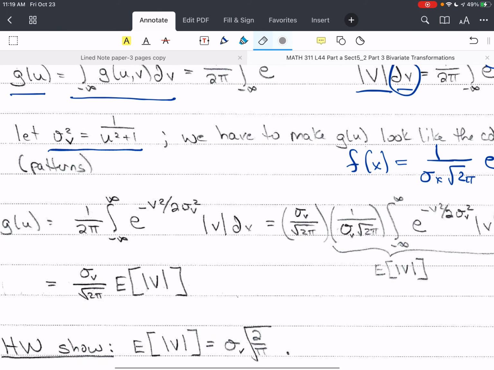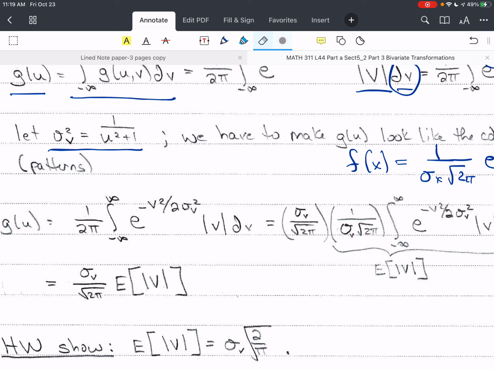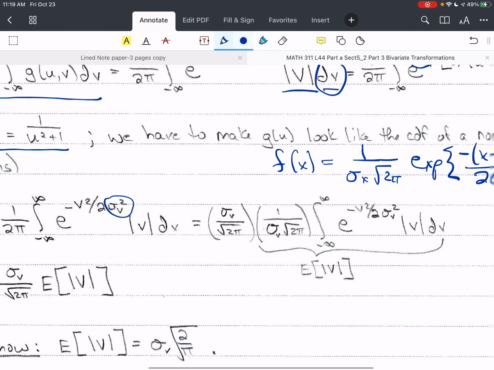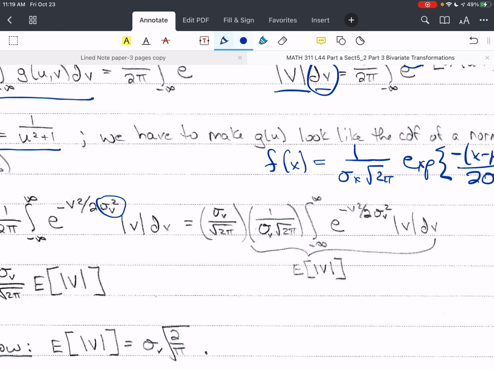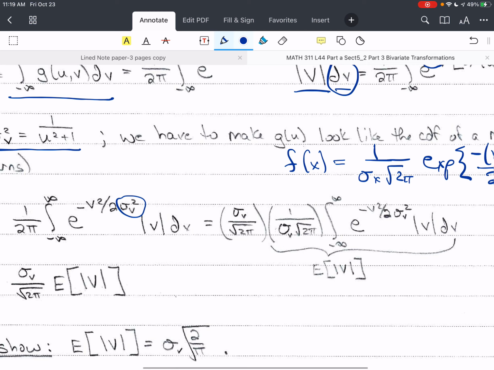And so here I've made the substitution for sigma v squared, and really then what I need is sigma v times the square root of 2 pi. Okay? Now remember that the square root of 2 pi times the square root of 2 pi equals 2 pi.